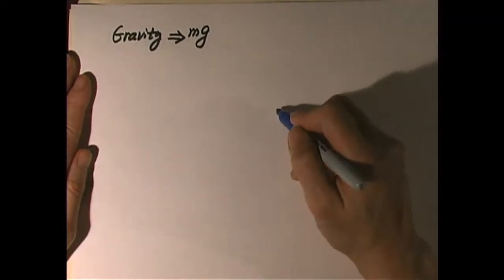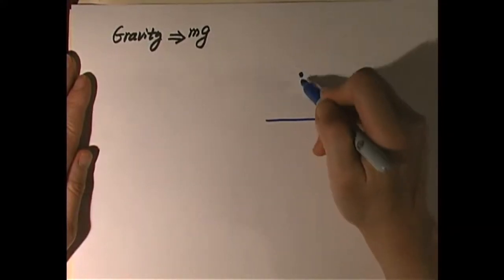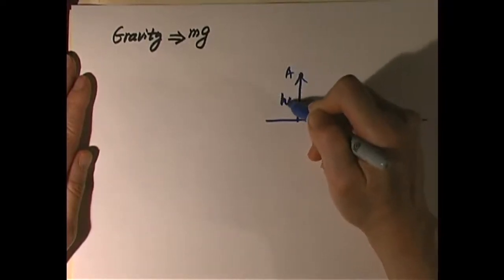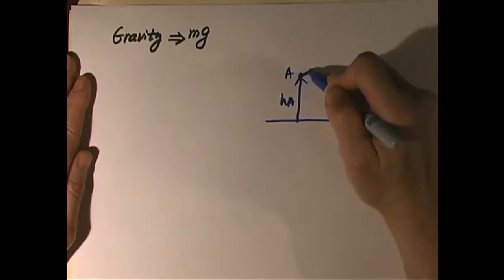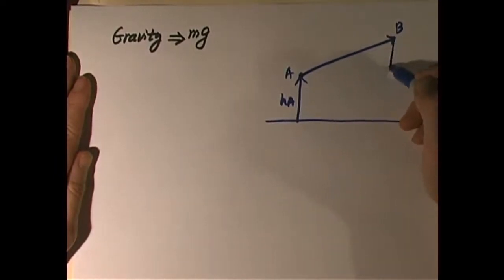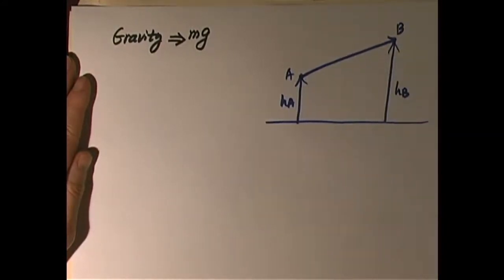Now, let's say this is the ground. Somehow the object starts from point A, at a height of h_A, and then the object goes to B, which has a height of h_B. So let's consider a path.